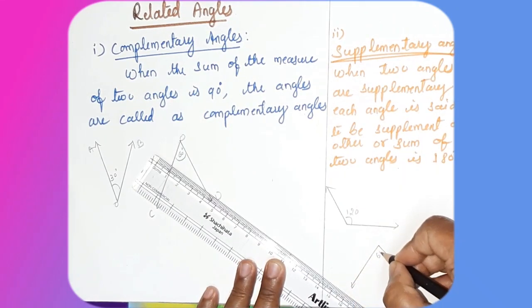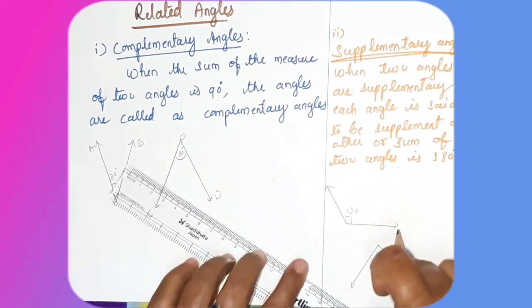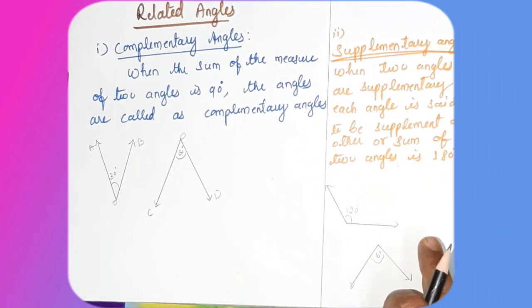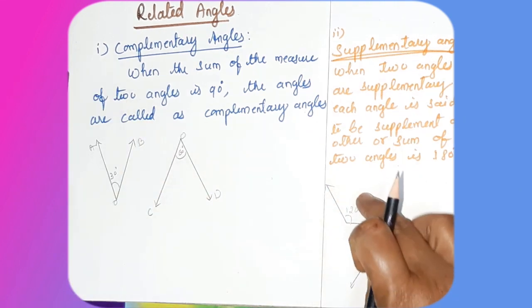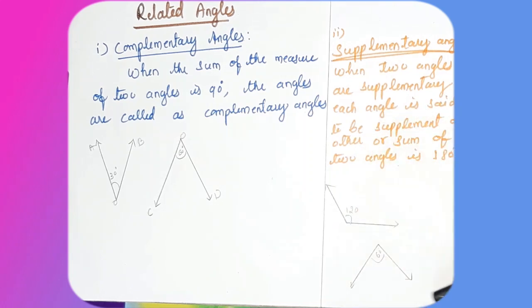See here, 120 plus 60 is 180. In case of complementary, the sum of two angles must be 90 degrees. In case of supplementary, the sum of two angles is 180 degrees. Very, very important. That is supplementary.